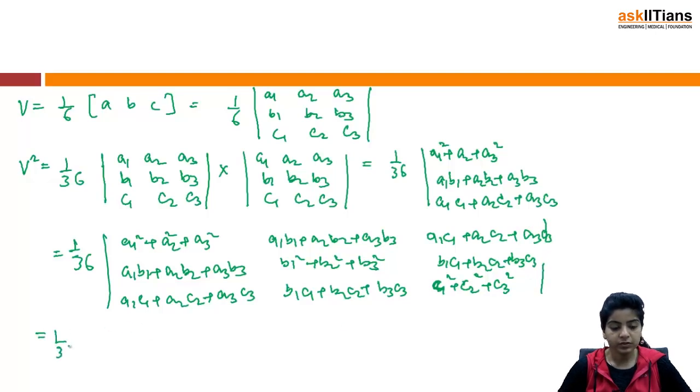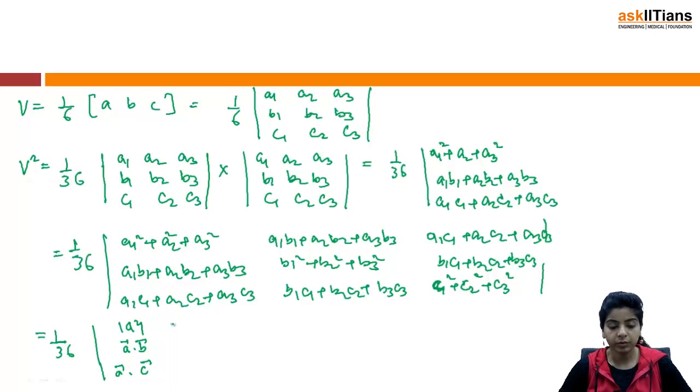So this becomes 1 by 36 into this determinant. Just in order to prove what is given in the question, we'll apply the formula for dot product.